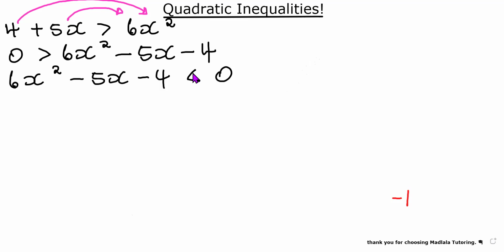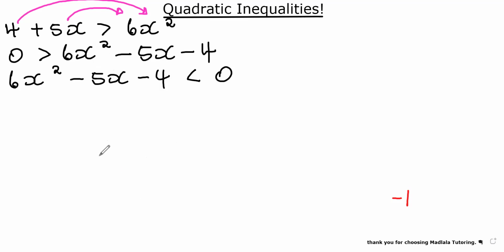Now here, you don't really need to divide throughout by anything. It's perfectly fine if it's like this. It's already written in standard form. In fact, you can't divide by anything, because if you try to divide by 6, you generate a fraction. You'll now be having 5 over 6 and 4 over 6.